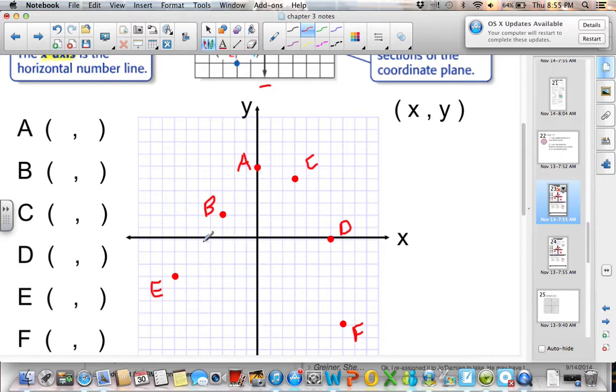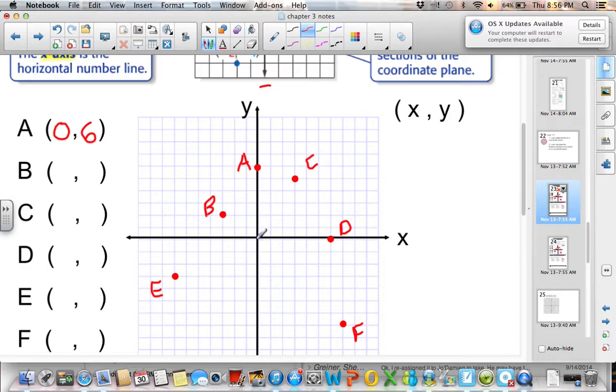First I figure out how many over am I going on my x-axis, and we always start at 0. Well, I'm actually not going over at all. I'm staying here, so my first number is going to be 0. And then I count, am I going up or down? I'm going up, so it's going to be positive. So 1, 2, 3, 4, 5, 6.